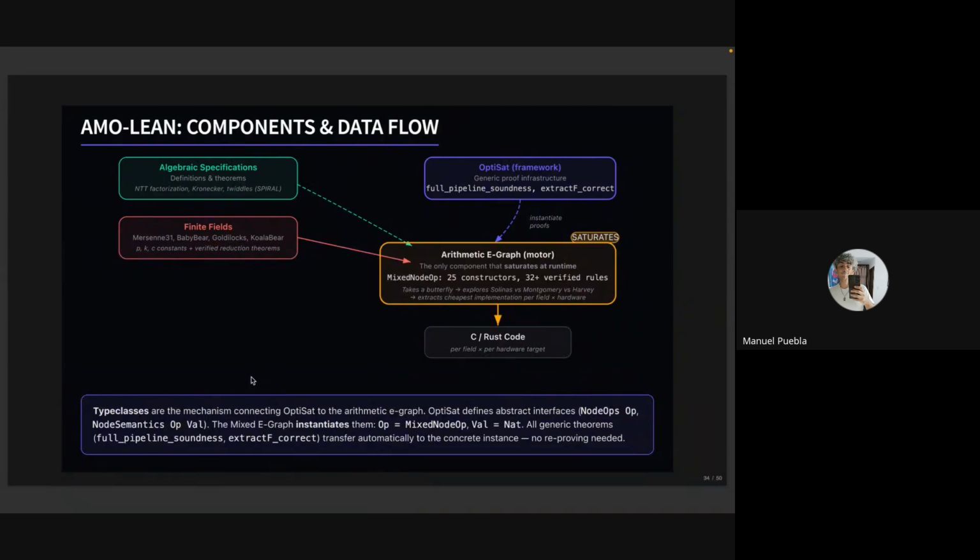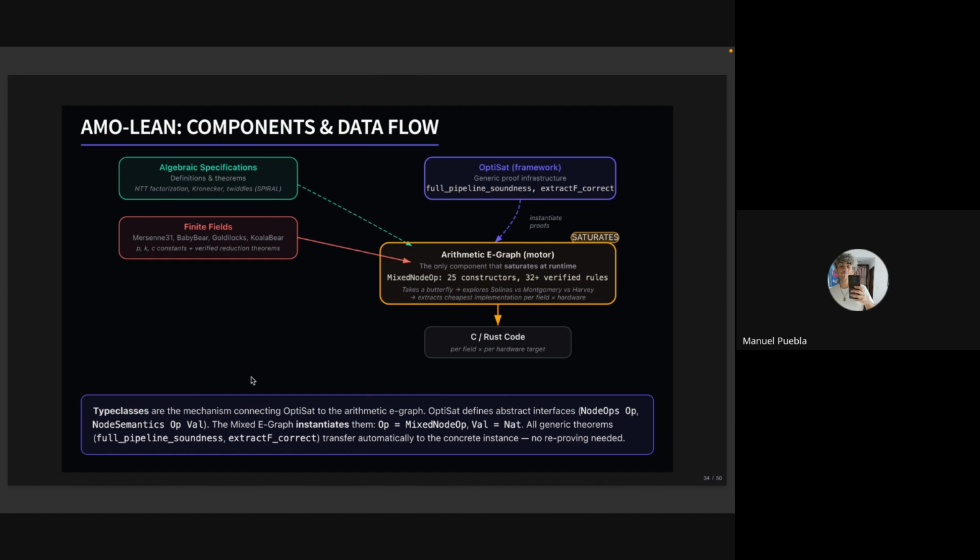This is what's actually moving in our construction. We're going to feed the structure, the definitions, and the primes, okay? This is going to perform the equality saturation algorithm, or it's going to output a rewriting of terms in C or Rust, okay? So type classes for us are the mechanism to connect the original motor with AMO-Lean.